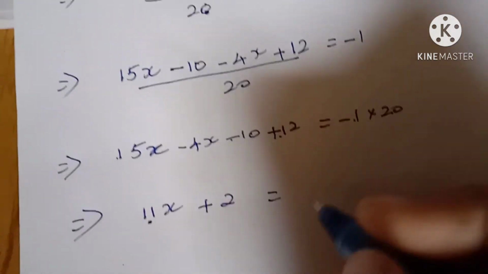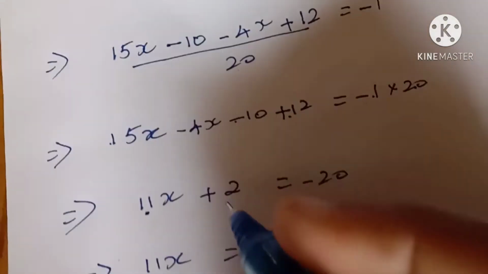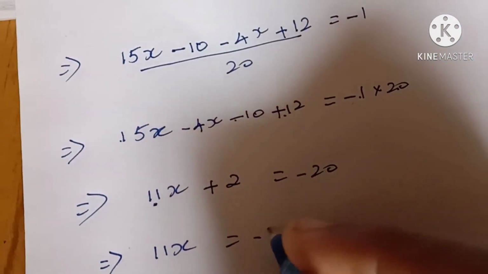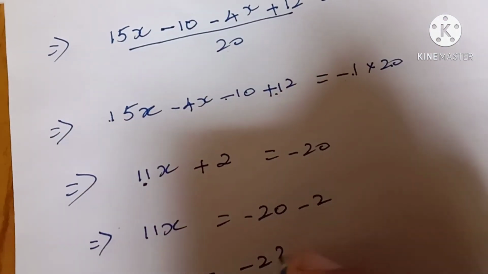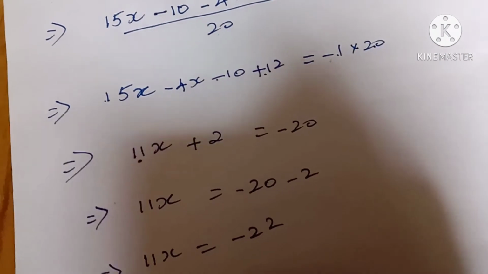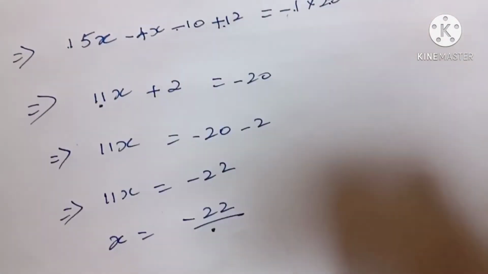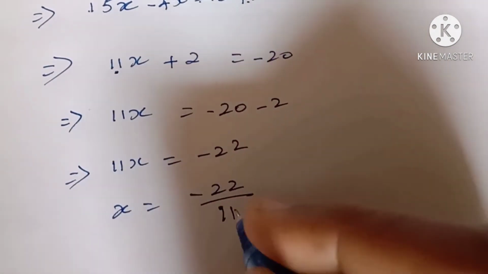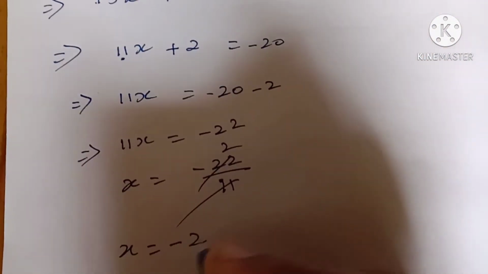Minus 1 into 20 is minus 20. Then if you take this plus 2 to your right hand side it is minus 2, which is equal to minus 22. Therefore 11x is equal to minus 22. If it is in into, take it to your right hand side, division. So 11 2s are 22, x is equal to minus 2 is your value.